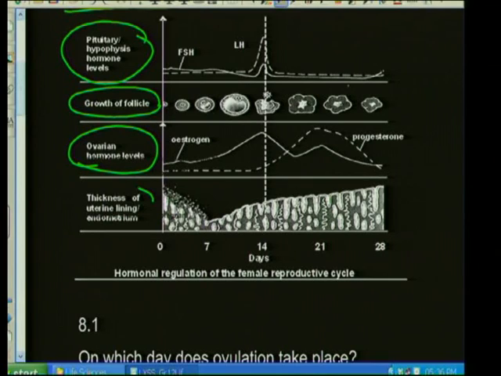And lastly, the thickness of the uterine lining. This graph puts this whole section together nicely to show you how important it is that these two cycles, the uterine cycle and the ovarian cycle, work together.